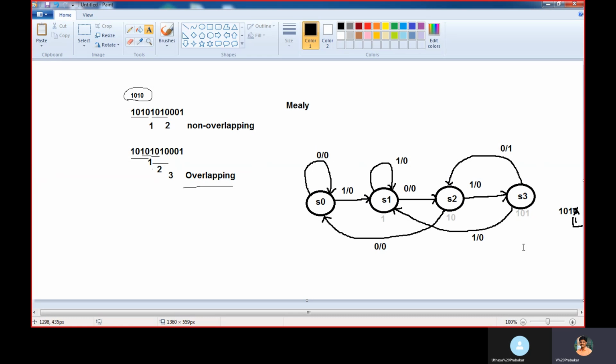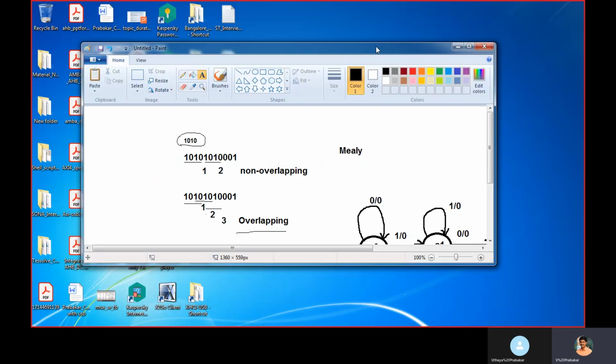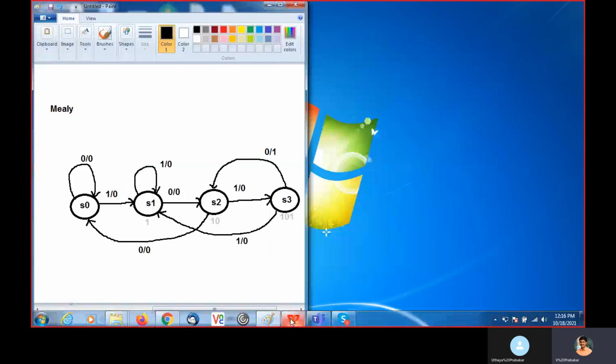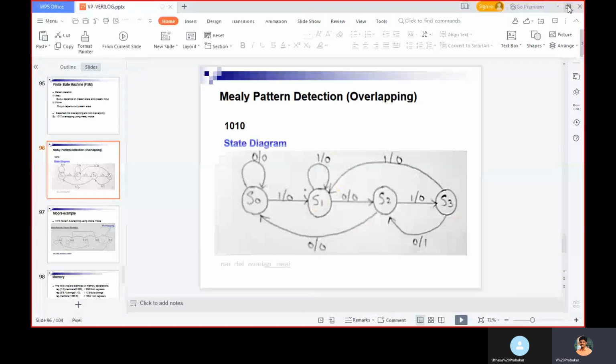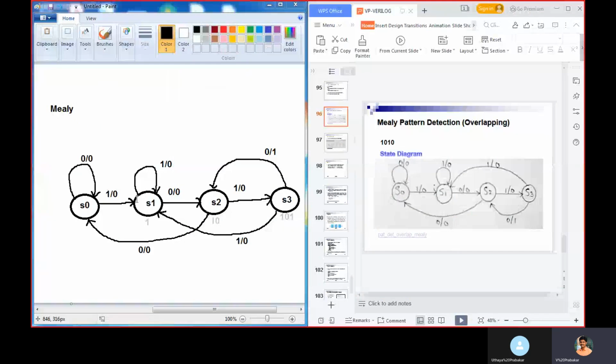Now we draw the FSM. Let's check both are same. So we are getting this FSM now. We move from S2 to S1.